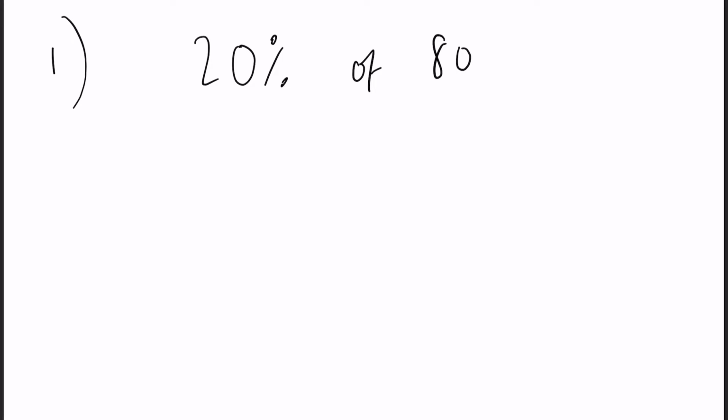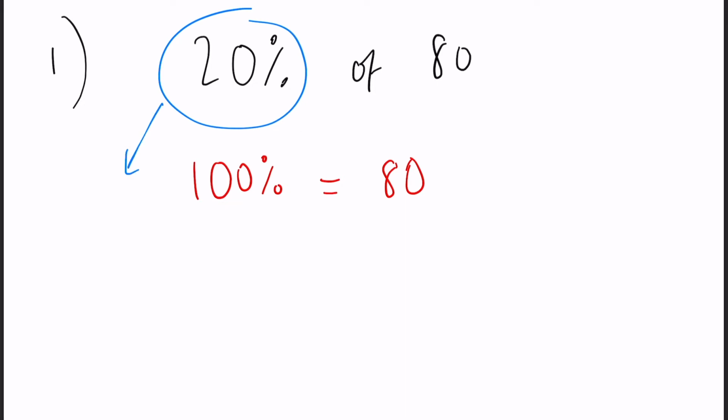So the best way I like to do questions like this is I always start with saying 100% equals our original number, 80 in this case. And I like to think of our percentage as a sum of building blocks.